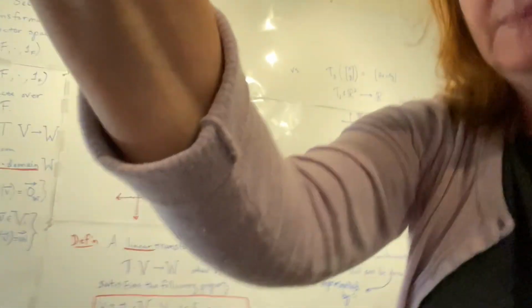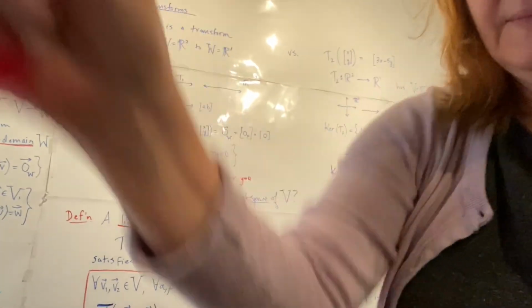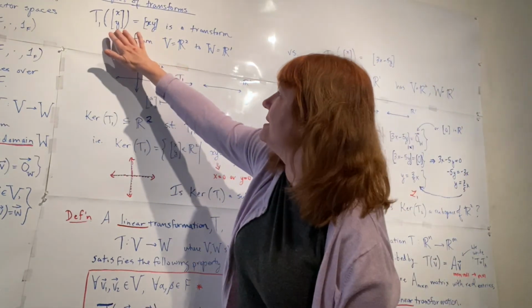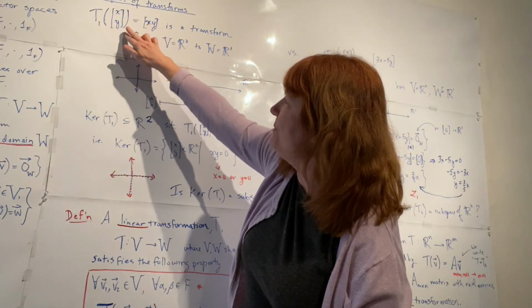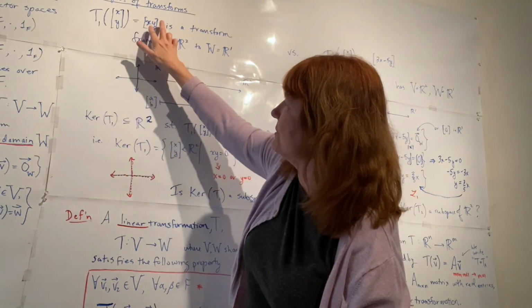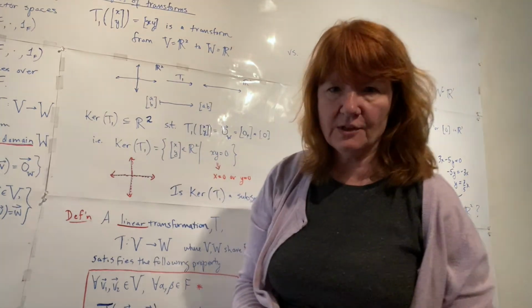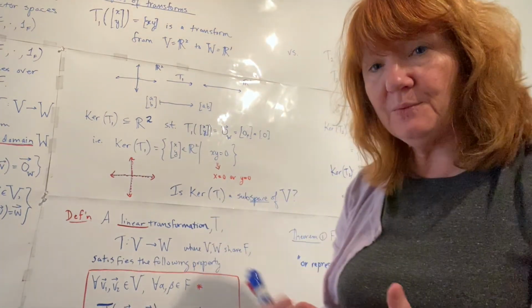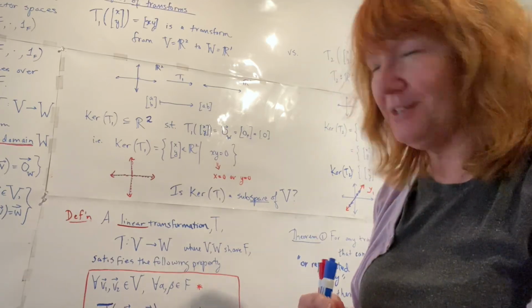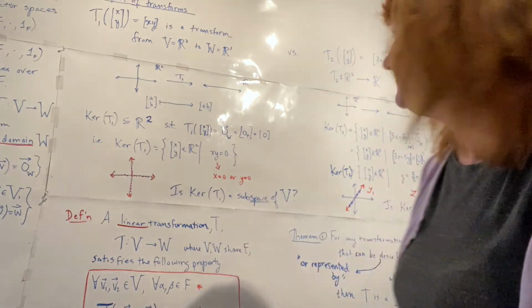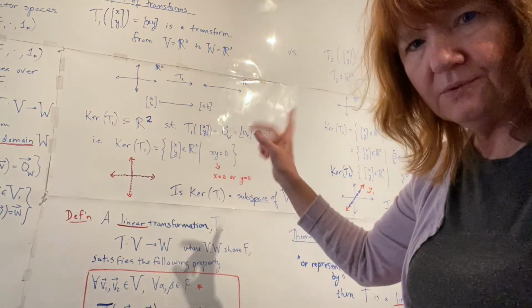T1 is the one that takes X, Y, a 2 by 1 matrix, and sends it to a 1 by 1, taking the product of those components. Is that a linear transformation? See if this helps you understand the property of being a linear transformation by taking an example and seeing if it satisfies the properties. Stop the video, check that out.